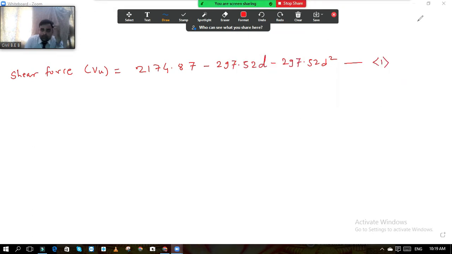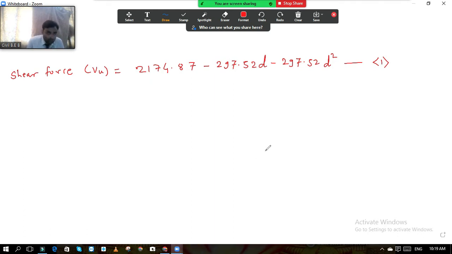So now moving further, this is the shear force equation which we have calculated in terms of depth. So here d is unknown. This is the shear force Vu which is actually present on that footing.